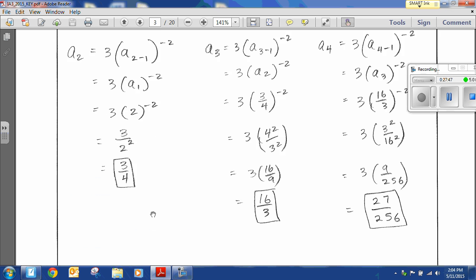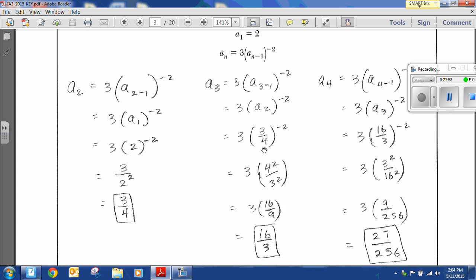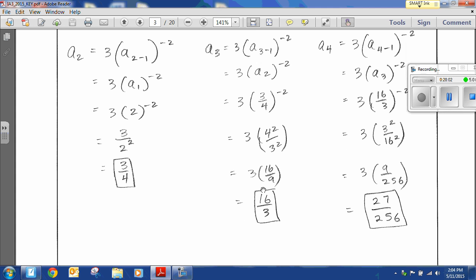That's 3/4. Now we're going to use 3/4 to help us find A sub 3, because A sub 3 uses the previous A sub 2 right here, so 3/4 goes in there. And 3/4 to the negative second power is really 4 squared over 3 squared, which is 3 times 16 over 9ths, which is 16/3.